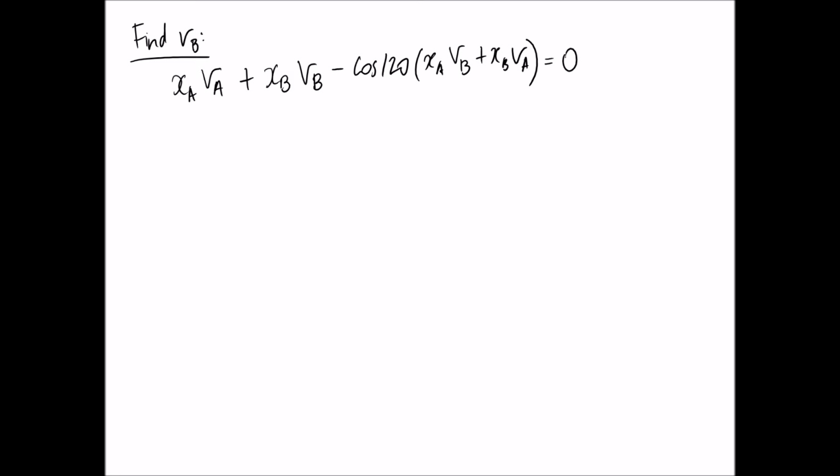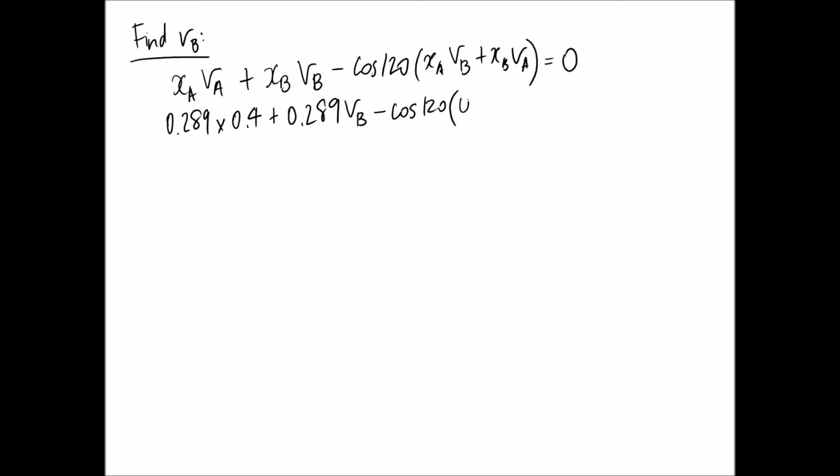So if we substitute numbers in now, we should be able to solve for VB. So we just work this to be 0.289. This was 0.4. Again, we just work that out. VB is the unknown.